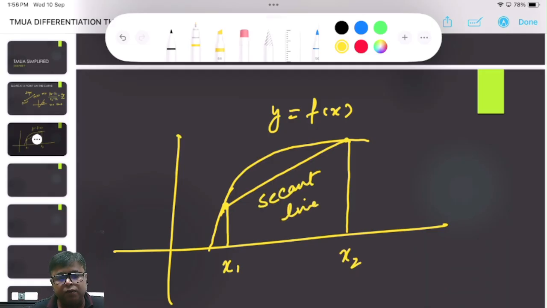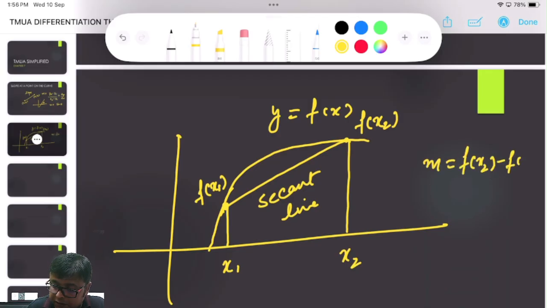If I have to find the slope of this line, we will find it in the same manner. But since it's given in function form, rather than just taking the y coordinate, I can find the y coordinate as f of x1 for this point, and for this point f of x2. Now, to find the slope of this secant line, I'll say f of x2 minus f of x1 upon x2 minus x1. So this is the slope of this secant line joining 2 points on the curve.